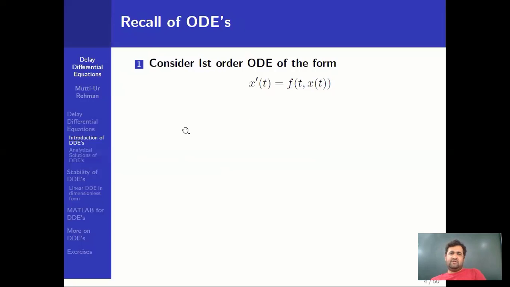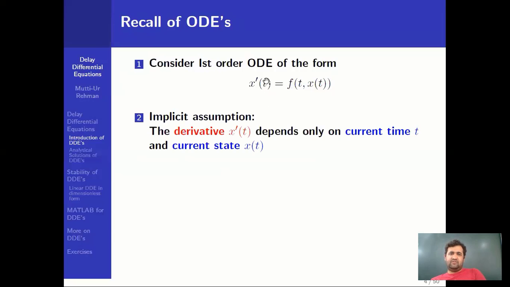Okay. For instance, you can see here that the time derivative depends only on these two: the current time and the current state of your system. So this means that unfortunately, we have no dependency on the past.